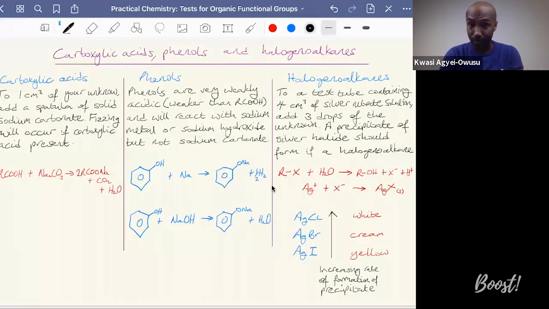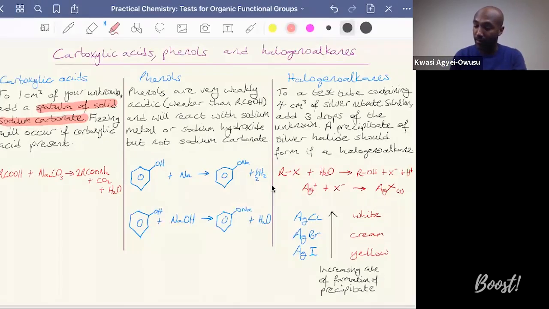For carboxylic acids, you want to react them with a metal carbonate, usually a group 1 carbonate. You can often form solutions with group 1 metal carbonates, but you can also use a solid carbonate. So if we take a spatula of solid sodium carbonate and add it to a centimeter cubed of our unknown solution, if there is a carboxylic acid present, there should be fizzing as a result of carbon dioxide being formed.